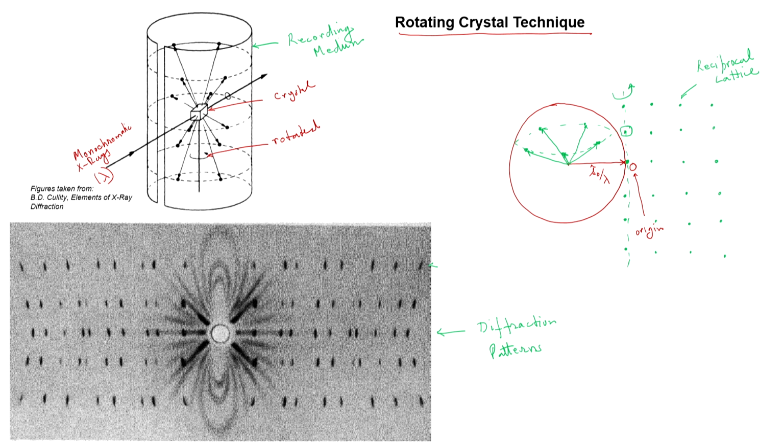You can see these spots occur in layers here, and these layers are occurring because the reciprocal lattice is rotating. So, for example, this is a specific layer that will be observed on the recording media as diffraction spots. Using this, one can determine structures of unknown crystals, particularly crystals with low symmetry.